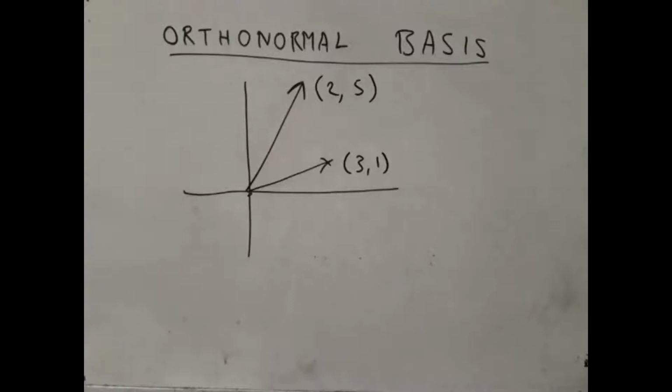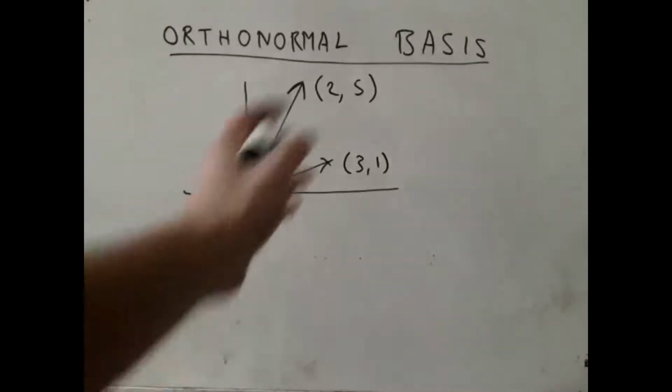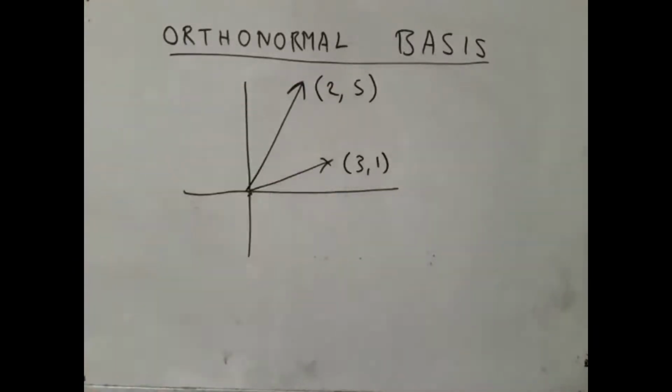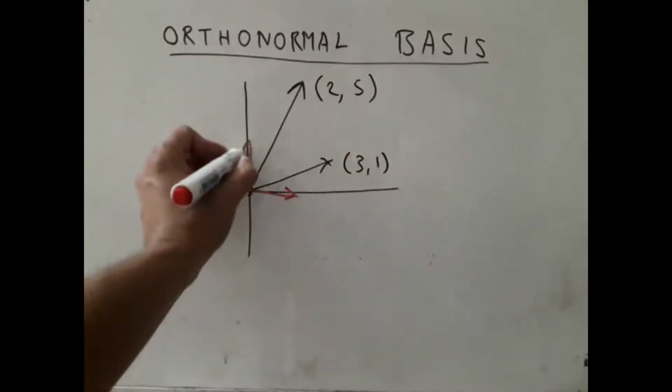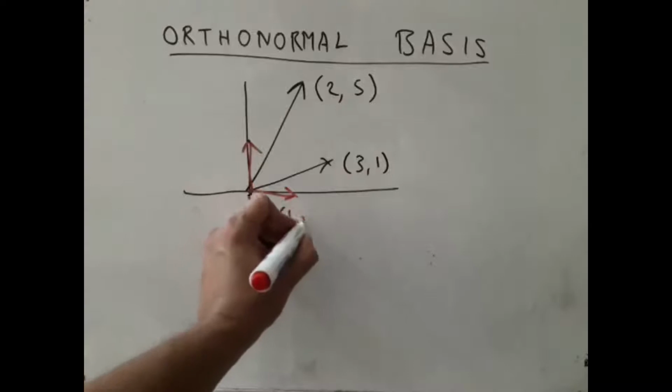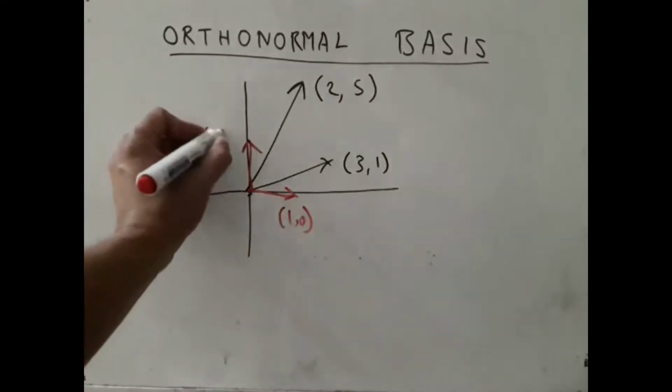As a result, if I give you any other vector in this space, you can write it uniquely as a linear combination of these two vectors. That's any arbitrary basis. Now, when we work, most of the time we prefer to work with a very special basis, namely these two vectors (1, 0) and (0, 1).